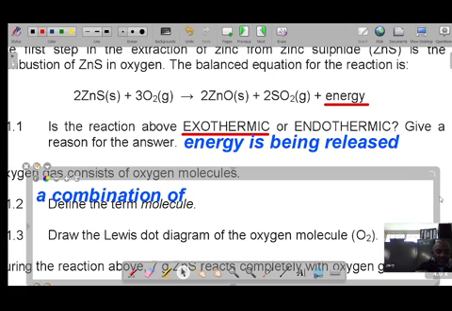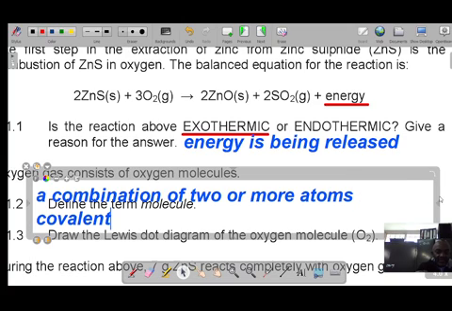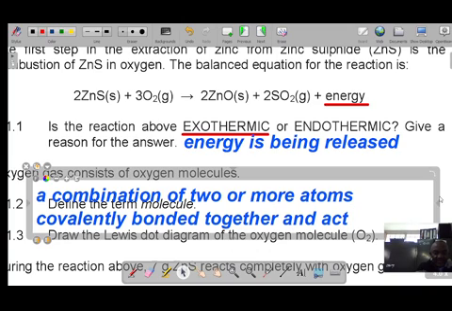A combination of two or more atoms covalently bonded together and acting as a unit.